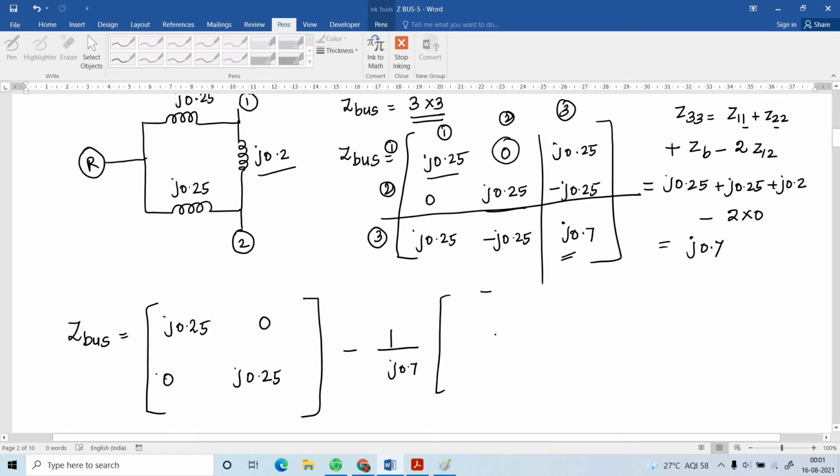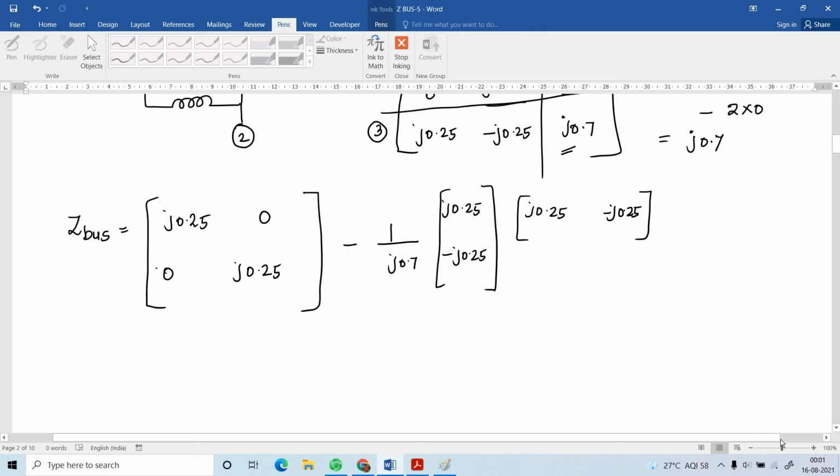Then first write the column elements of this: J0.25, minus J0.25. Here write the row elements: J0.25, here minus J0.25. Now I have to multiply these two matrices.